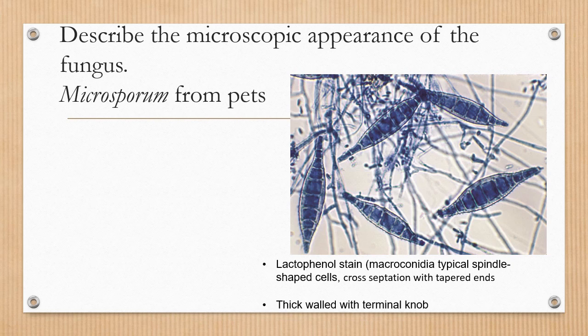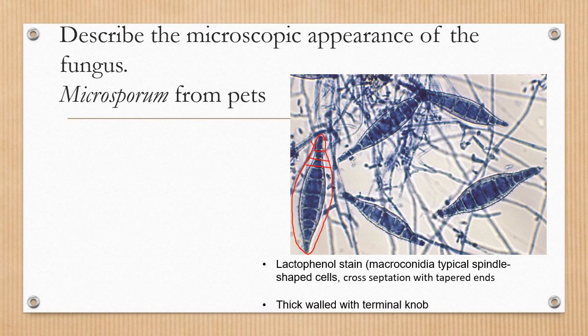macroconidia. Macro means big conidia, typically forming what we call spindle-shaped cells. This is the spindle shape, with these cross septations. Can you see them?